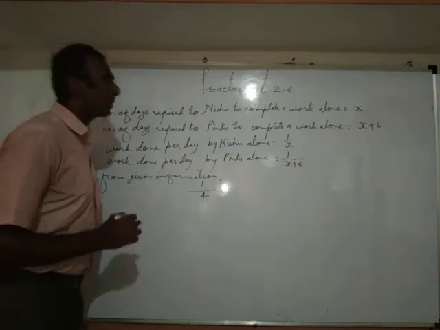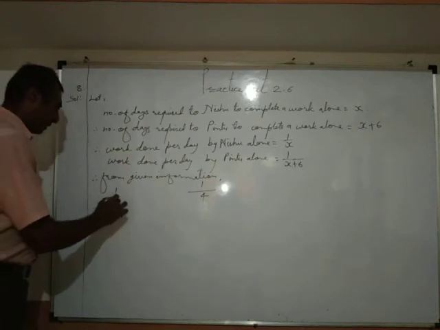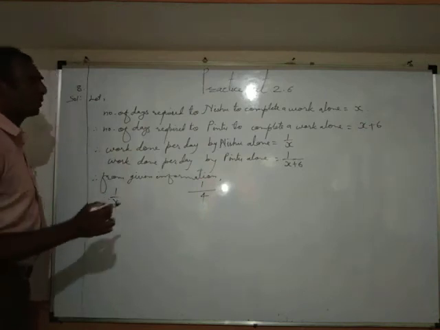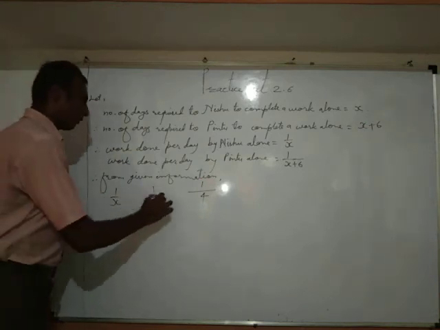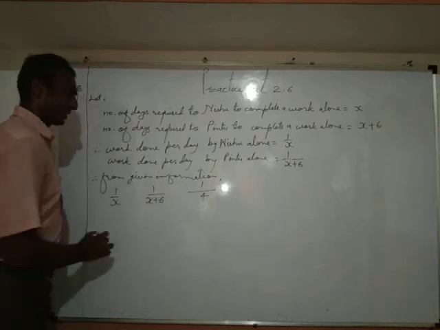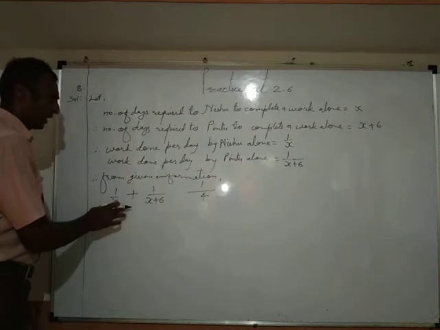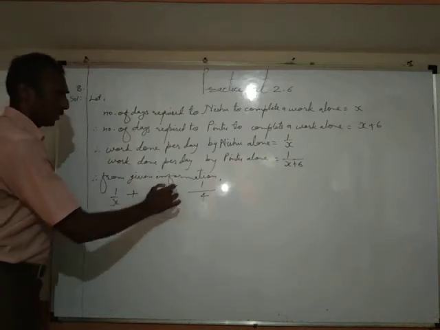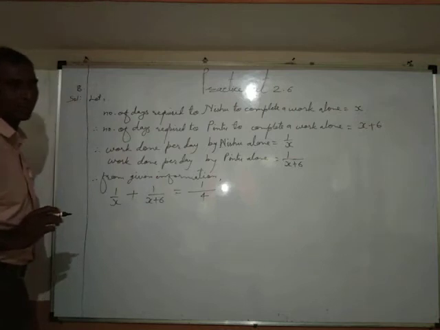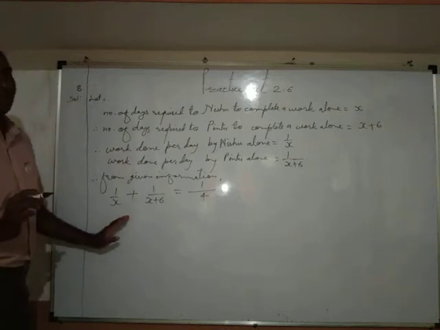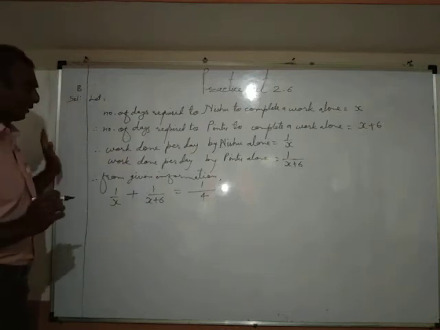But work done per day by Nishu is 1 upon x, and work done per day by Pintu is 1 upon x plus 6. Means work done per day by Nishu and Pintu is equals 1/4 of that work. This will be the equation which we derive from given information.